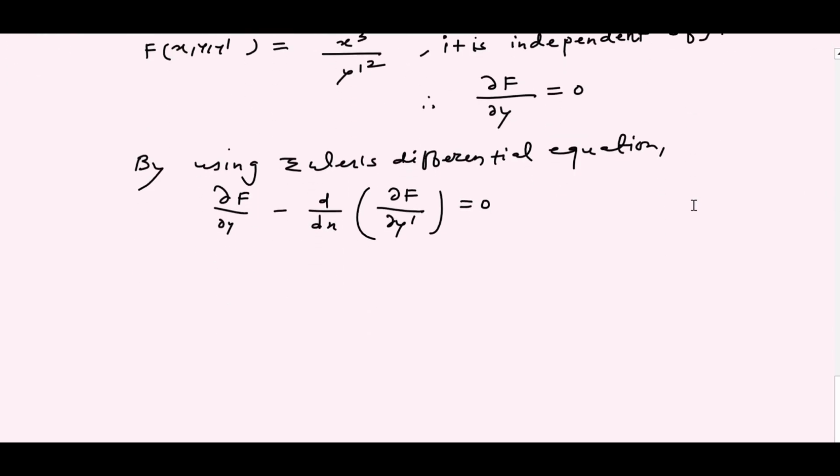So now further substitute all the values here. This quantity will be 0, minus d/dx of the partial derivative with respect to y' of x cube over y' whole square is equal to 0.